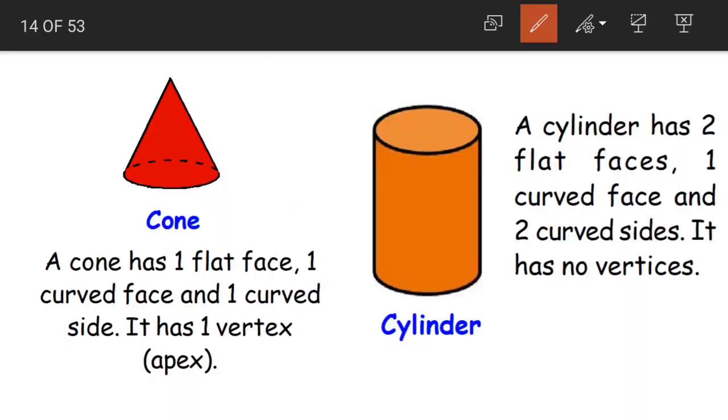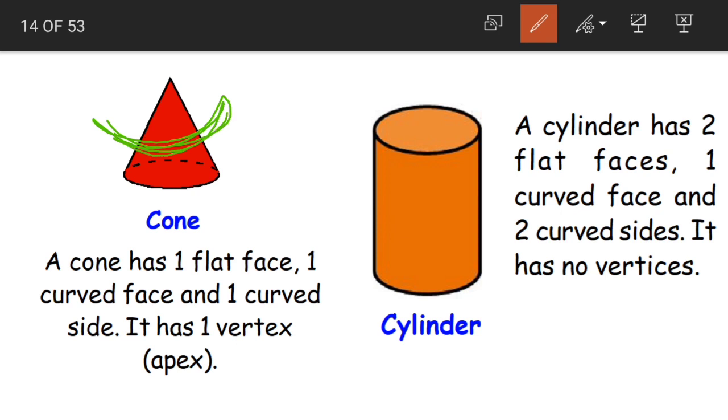Our cone, children. If you take an ice cream cone, let us use the diagram that has already been given here. It has 2 faces. One is this face in the triangle shape. Is it a flat surface or a curved surface?